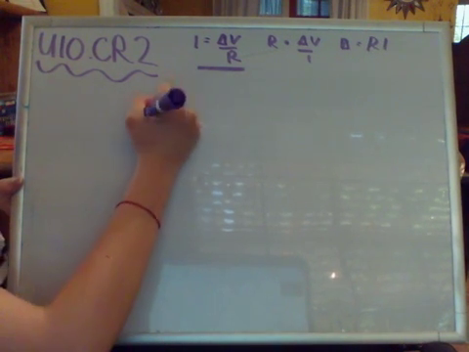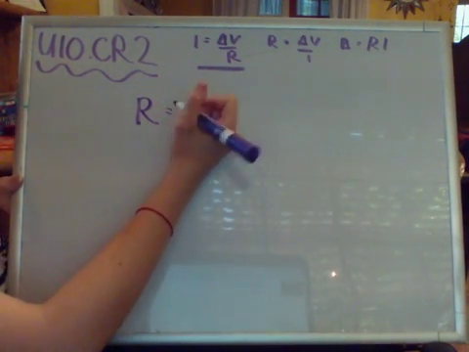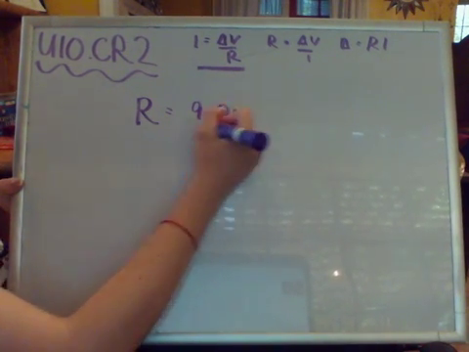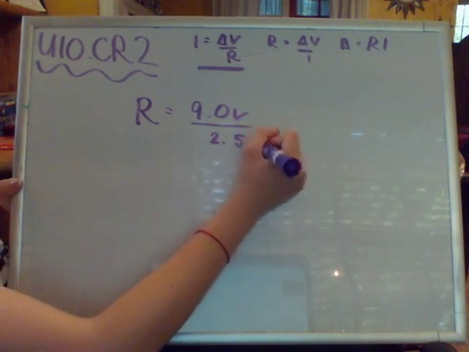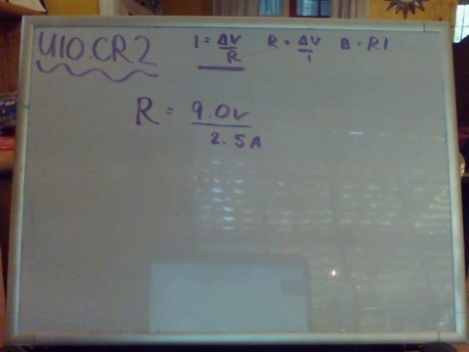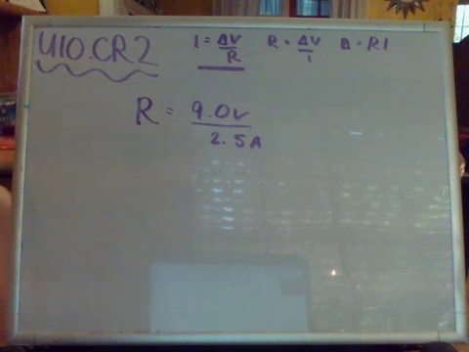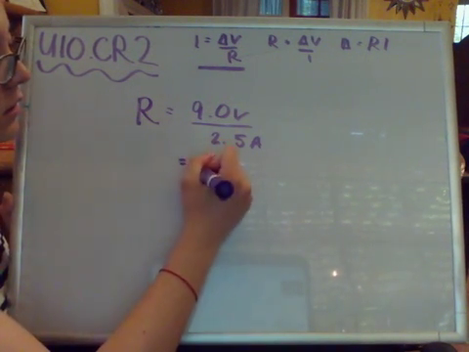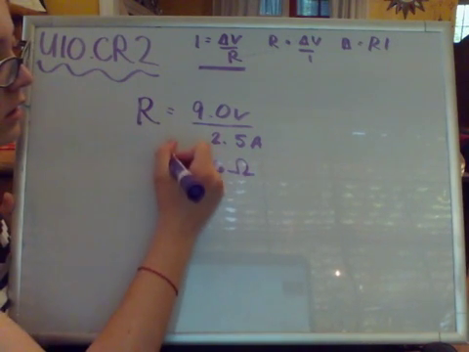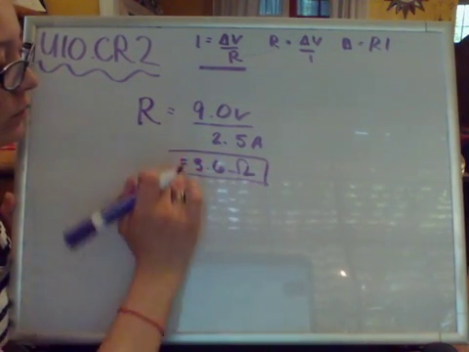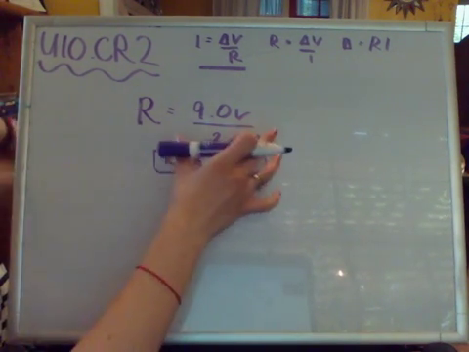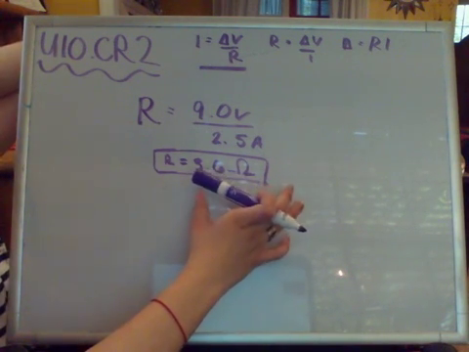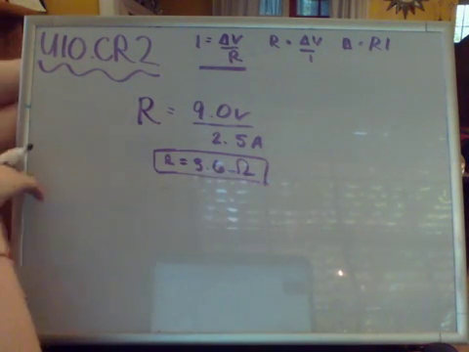So we have resistance equals 9.0 volts over 2.5 amps of current, and that is going to give us 3.6 ohms. So that's going to equal our resistance, and that's a sample problem of how you would use the equation for resistance to solve for resistance.